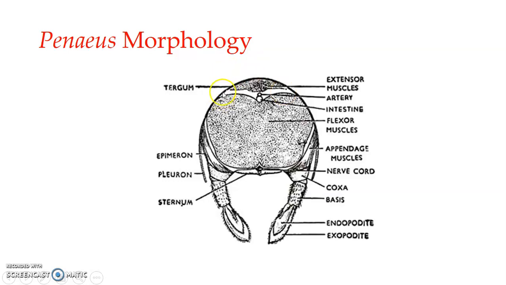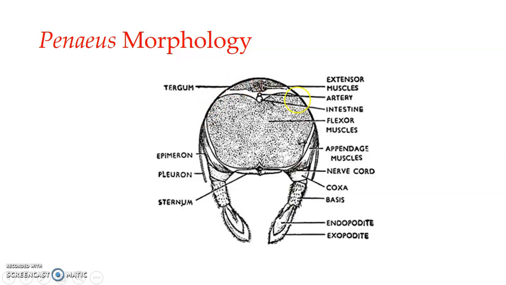The dorsal broad plate here is referred to as a tergum. The ventral narrow plate over here is known as a sternum. While the lateral plates of the sclerite are known as the pleura. To repeat, the sclerite can be divided into three regions.